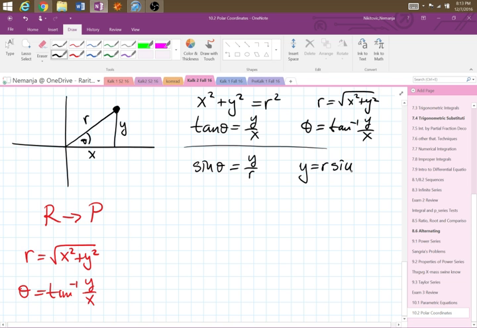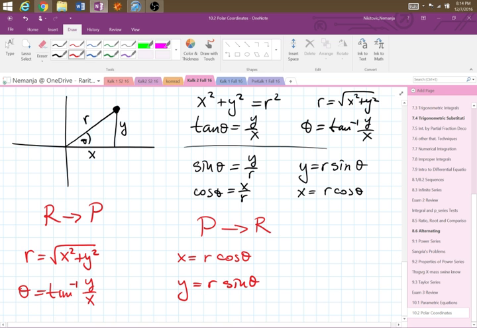I can also write cosine theta is x over r, from where x is equal to r cosine theta, which gives us the other two equations for the other conversion, polar into rectangular. x is going to be r cosine theta, and y is r sine theta.